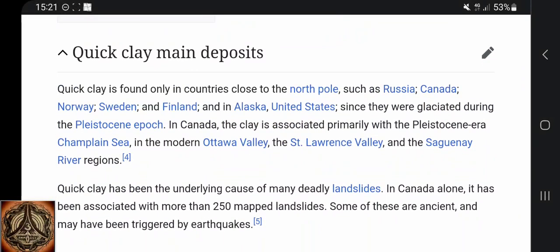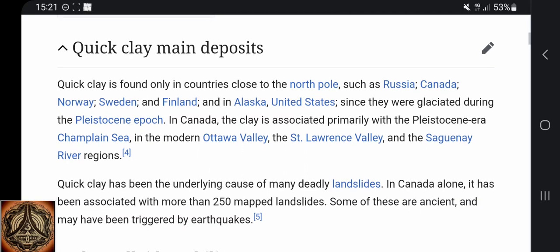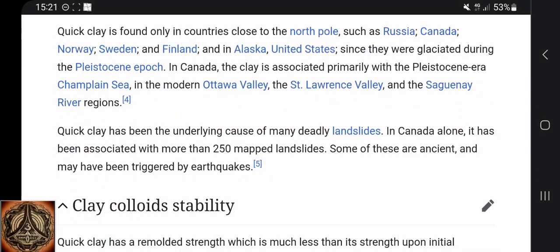Quick clay is found only in countries close to the North Pole, such as Russia, Canada, Norway, Sweden, and Finland, and Alaska in the United States, since they were glaciated during the Pleistocene epoch. In Canada, the clay is associated primarily with the Pleistocene era Champlain Sea in the modern Ottawa Valley, the St. Lawrence Valley, and the Saguenay River regions.